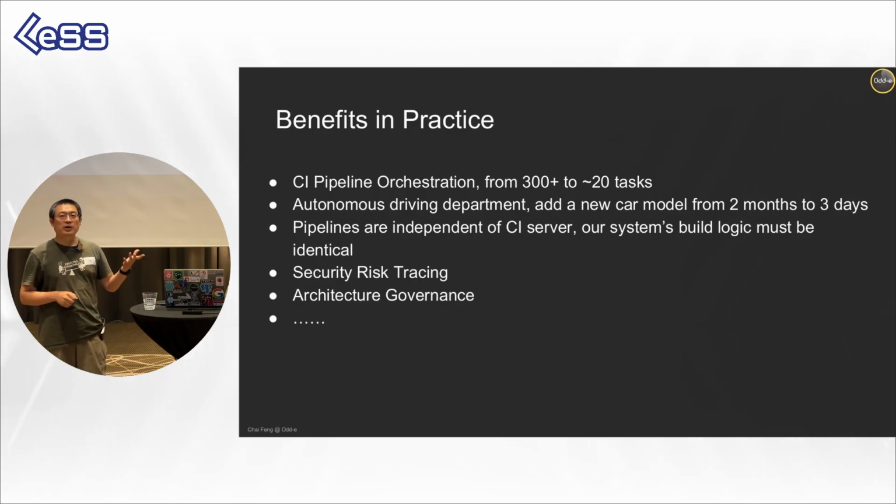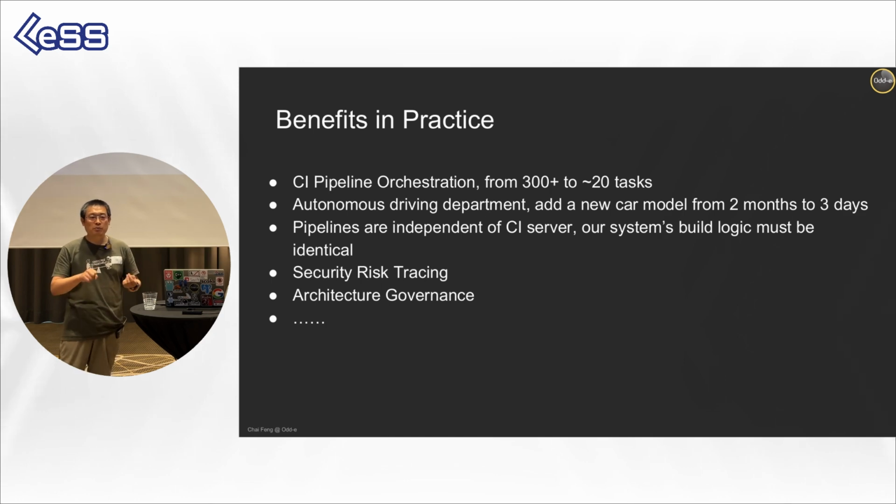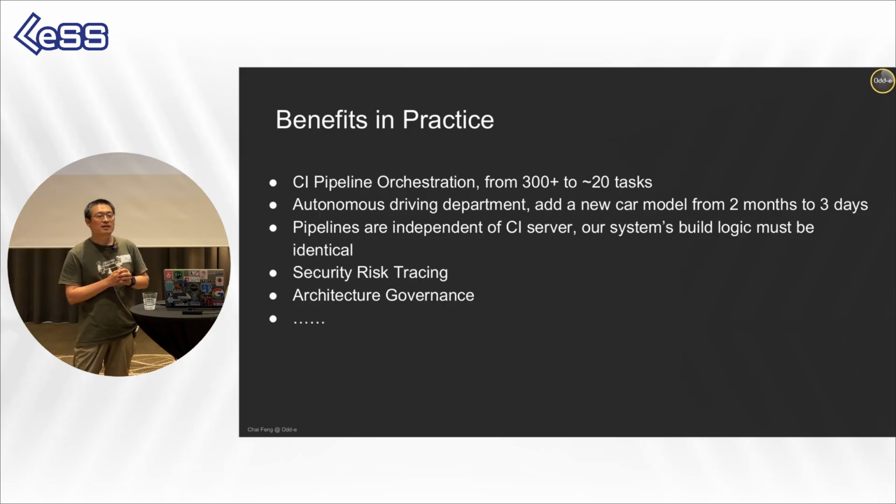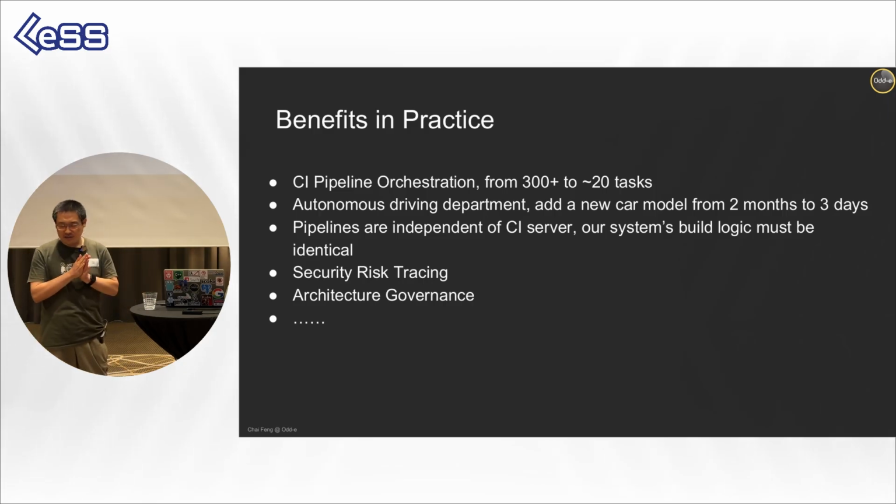From more than 300 tasks to about 20 tasks, this massive reduction not only boosts the CI efficiency, but it also takes a huge load off our build servers and the schedulers. In this case, this saved less than $30 million in build infrastructure cost in just 1 year.